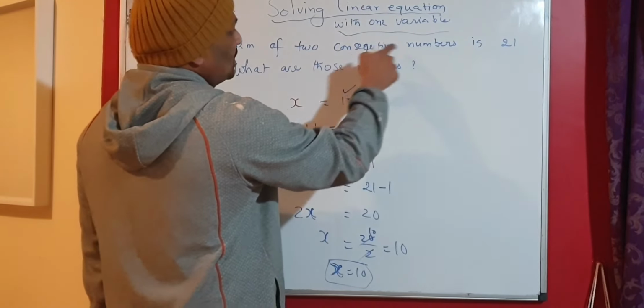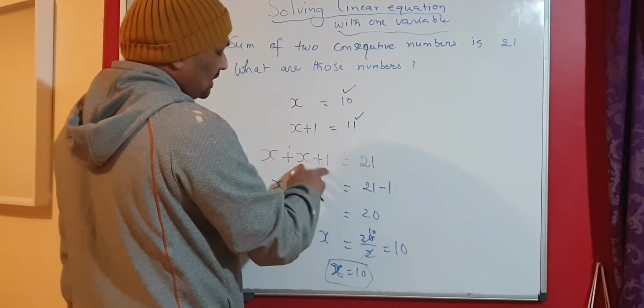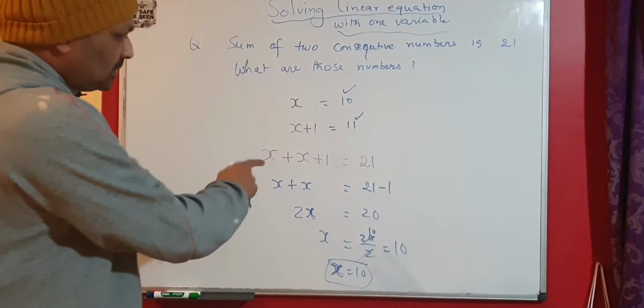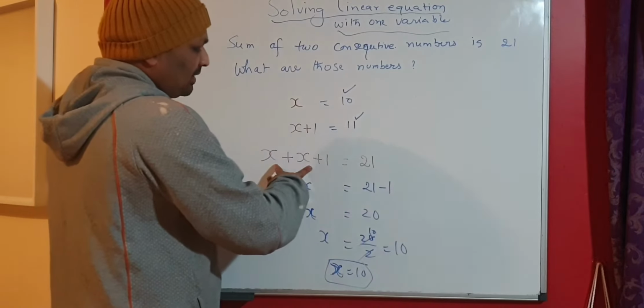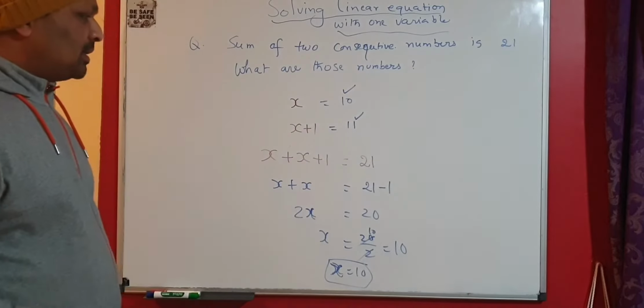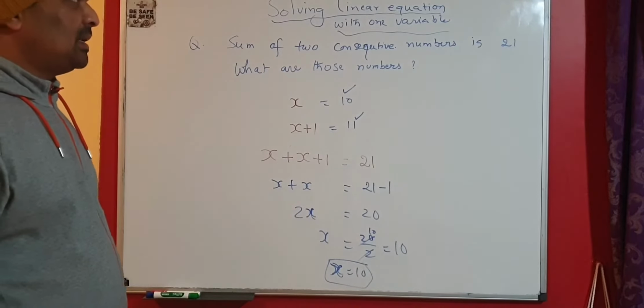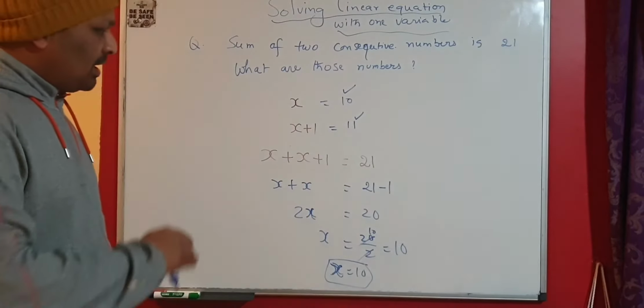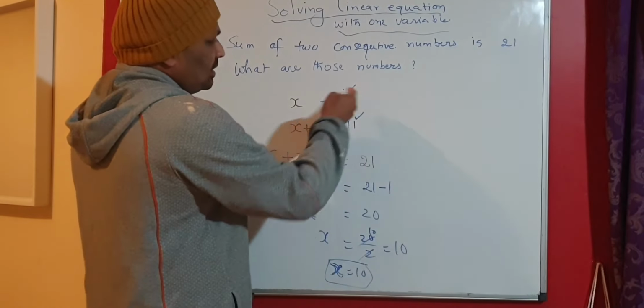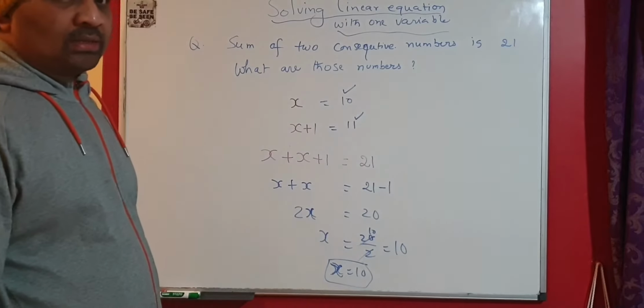The sum of two consecutive numbers: this is one number and this is another number. These two are consecutive in nature because the difference of those two numbers is 1. That is why we add up those two numbers on the left side and equate them to 21. That's how we built our equation. It's a linear equation having one variable, and when we solved it, we got the value of x, and from there we deduced those two consecutive numbers.